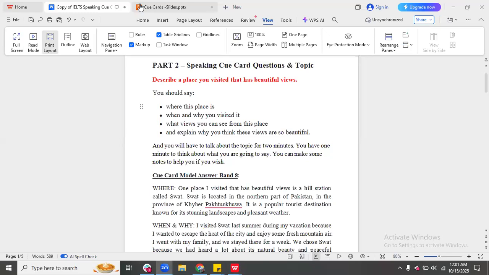The other thing you need to focus on is the question tense. If the examiner asks the question in the past, then you also use the past tense. If the examiner asks a question in the present, then you convey your answer in the present tense.